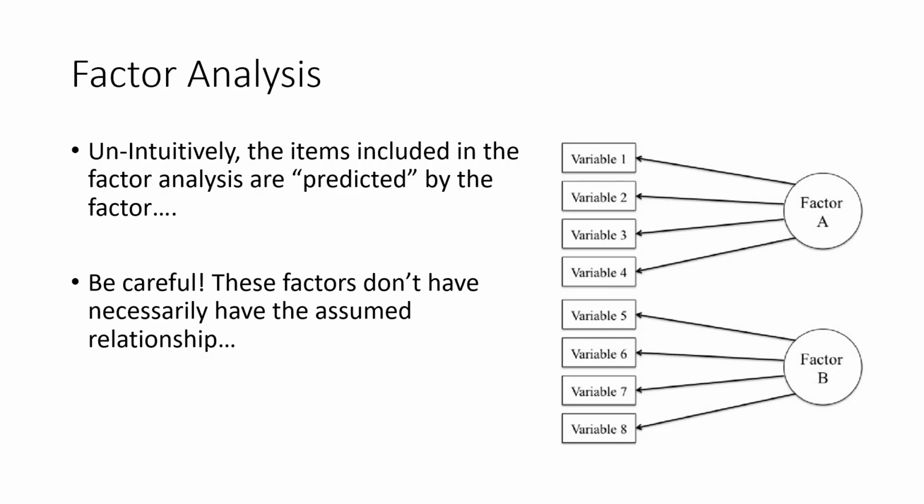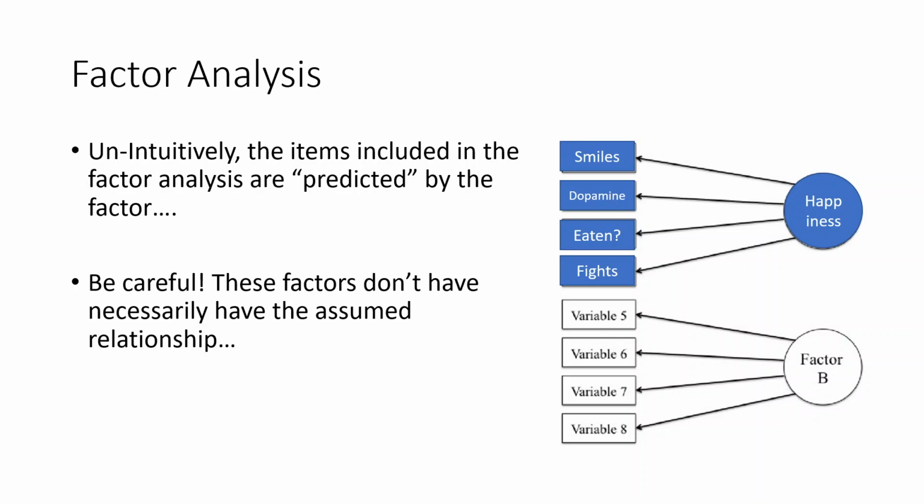So we say that the factors predict or explain the items. While you might be making a questionnaire about happiness, when you run the factor analysis, the analysis assumes that there may be some factor called happiness, and it checks how well each one of the items is explained by that factor.